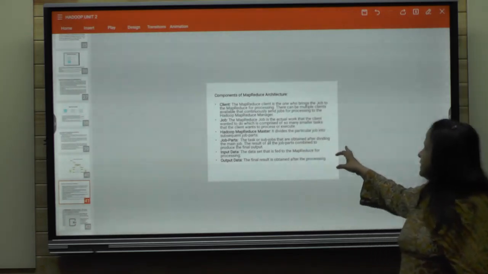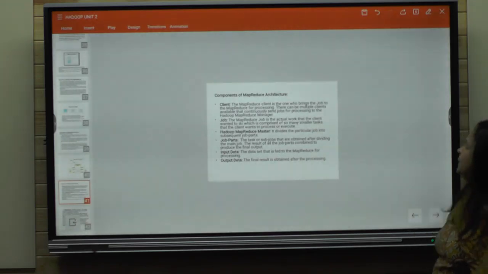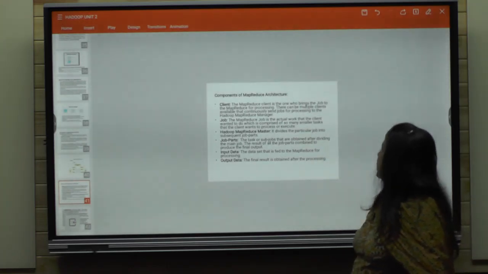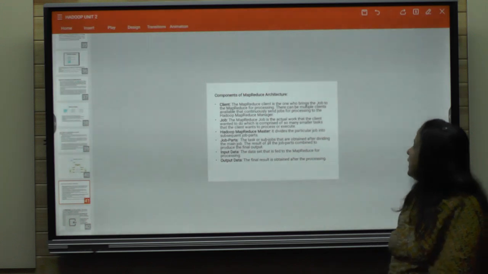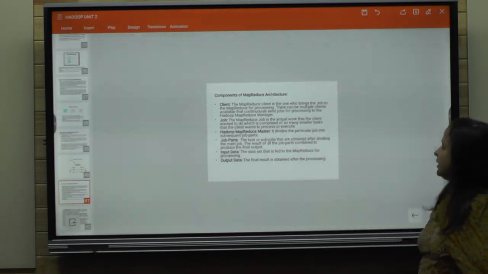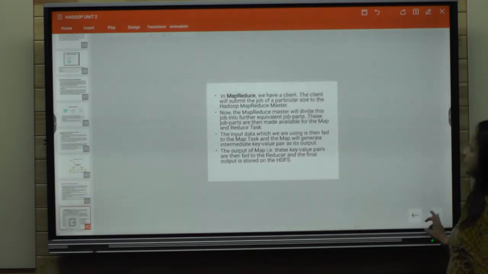Hadoop MapReduce master, its work is to divide the particular job into subsequent job parts. Job parts are the tasks or sub-jobs that are obtained after dividing the main job. So the result of all job parts combined to produce the final output. Input data is the data that is fed to the MapReduce for processing. Then output data is the final result after processing.